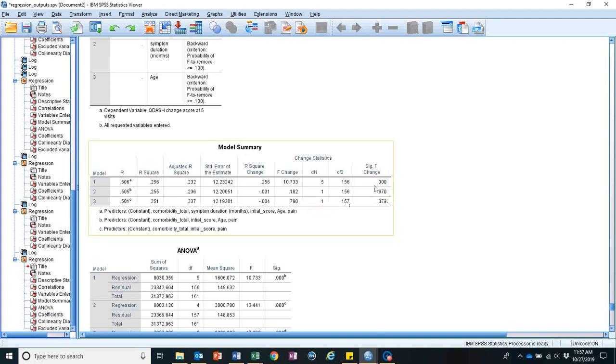Now, that was significant. That's the significance of change. But now it's going to remove variables that really don't alter the significance of the model. So the first one it removed was symptom duration.